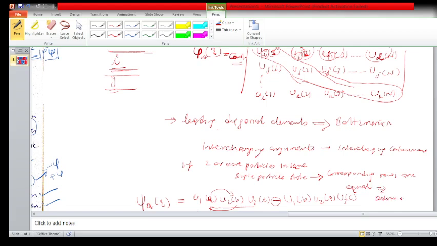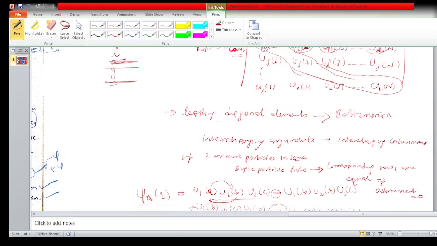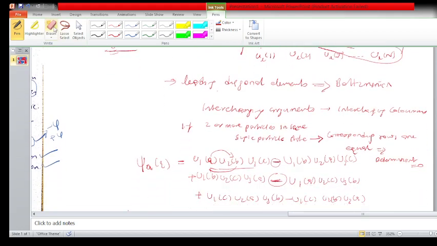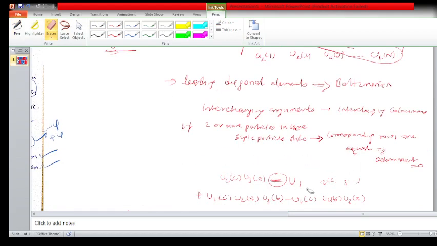The determinant becoming 0 means the total wave function will vanish. So what that means is that no two particles, or more than two particles, should be in the same state.